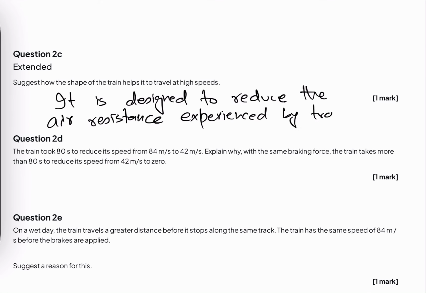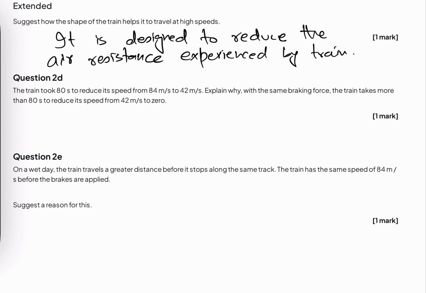So the design of the train, that is a streamlined design, reduces the air resistance. In part D, the train took 80 seconds to reduce its speed from 84 to 42.